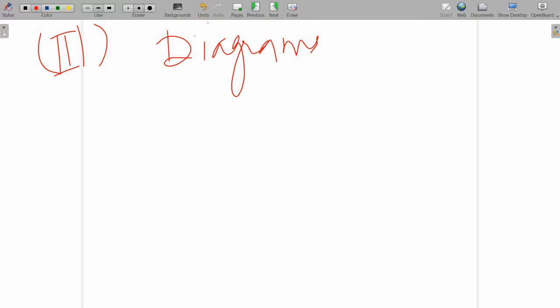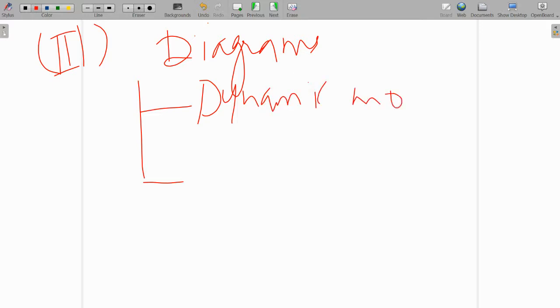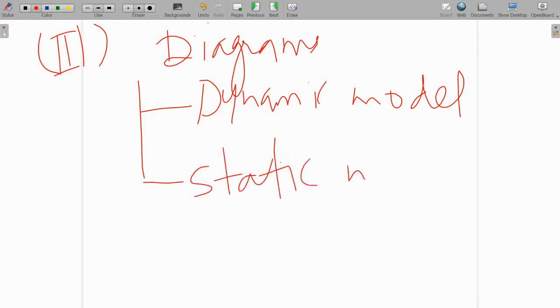So the diagram can be either a dynamic model or a static model. Now here we should understand what we mean by dynamic model and what we mean by static model.